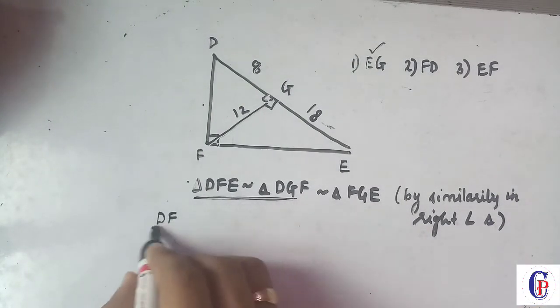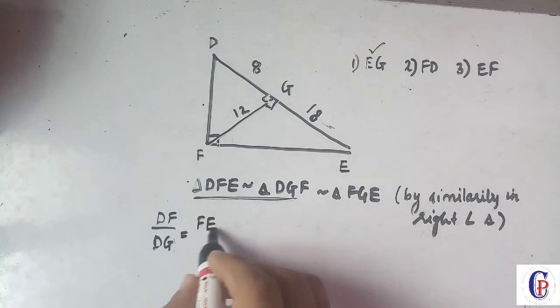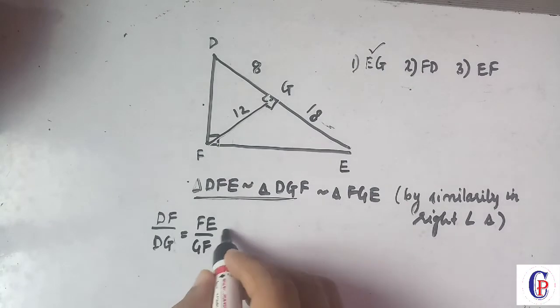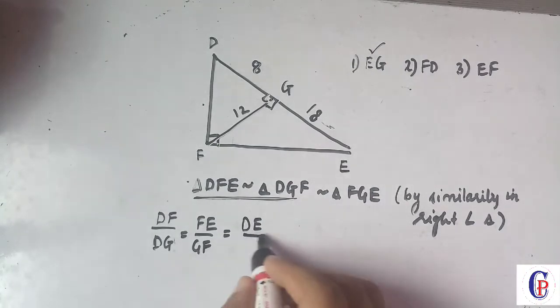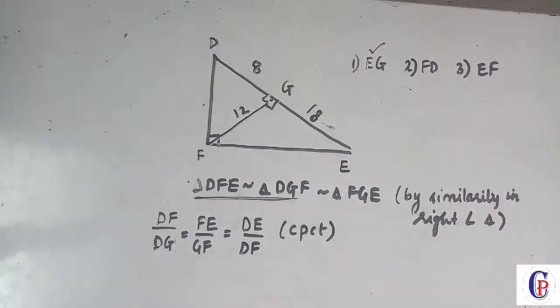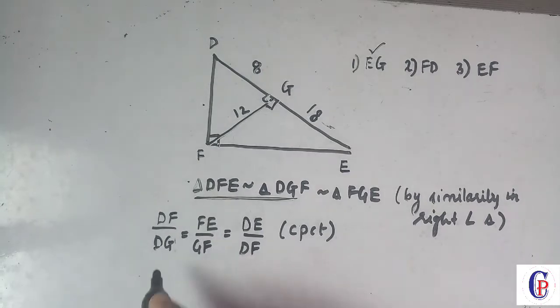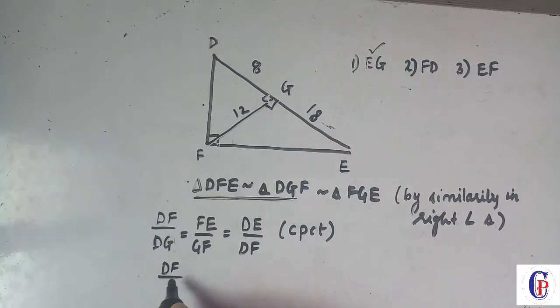From here we get DF upon DG is equal to FE upon FG is equal to DE upon DF. Let us substitute the values which we know. We don't know what is DF. DG, we know DG is 8. FE is unknown.